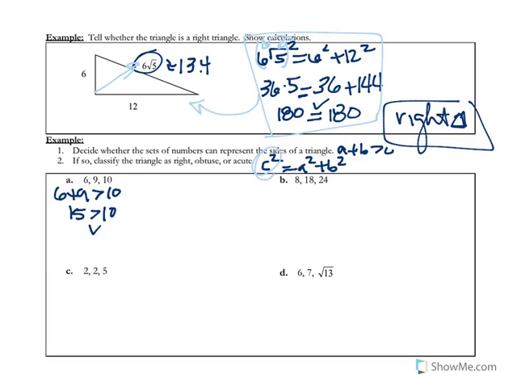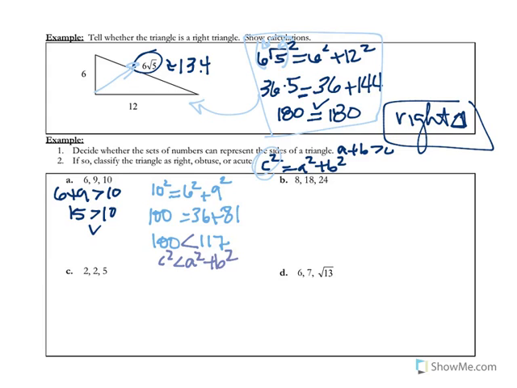Now I got to do my Pythagorean theorem, so I'm going to do 10 squared is equal to 6 squared plus 9 squared. 10 squared is 100, 6 squared is 36, 9 squared is 81, 36 plus 81 is 117. 100 versus 117. 117 is greater, 100 is less than. So c squared is less than a squared plus b squared, and then the less than means acute.